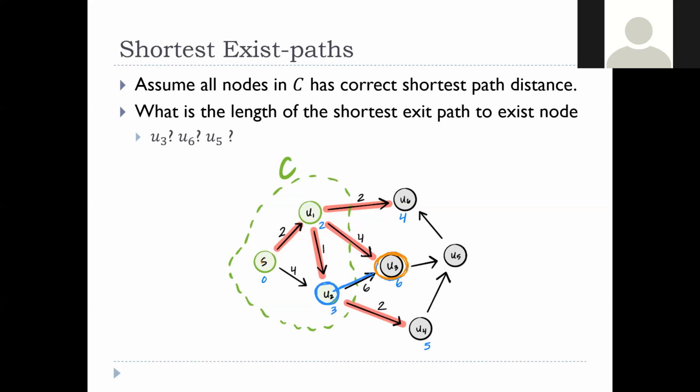So if your exit path is coming from U2, the smallest possible length is that you first take the best distance to U2 plus 6. In other words, the distance will be 3 plus 6, which is 9, bigger than this case, okay?